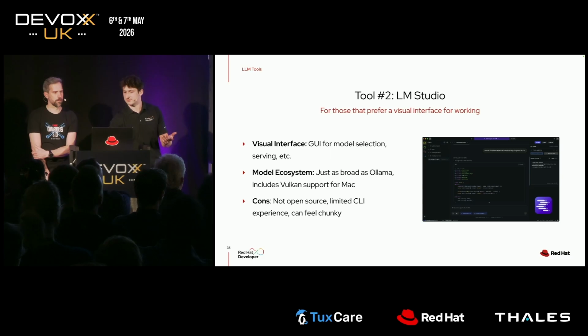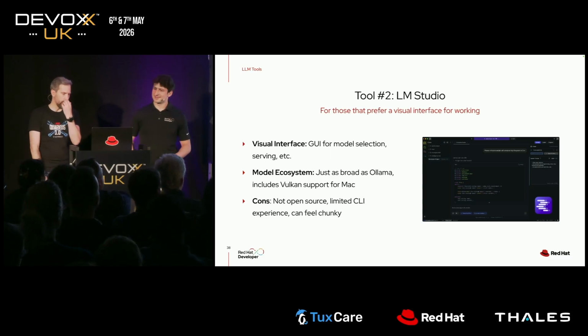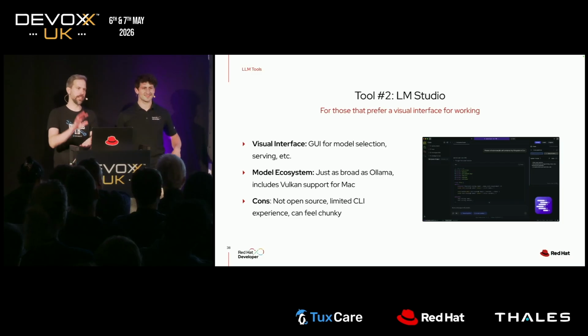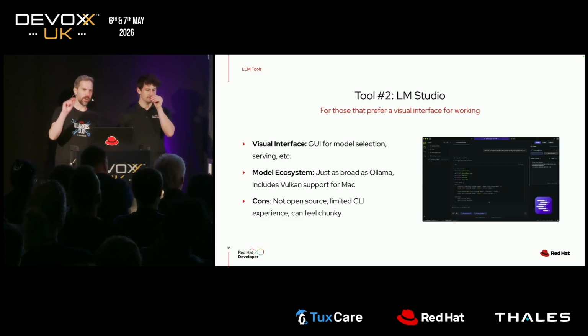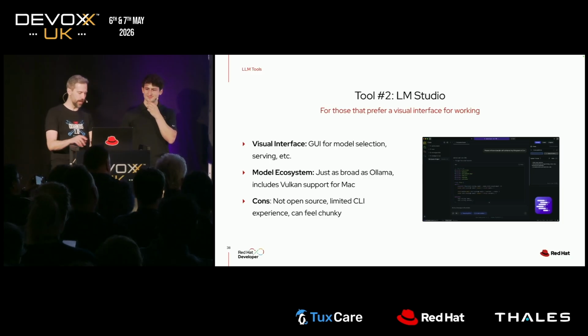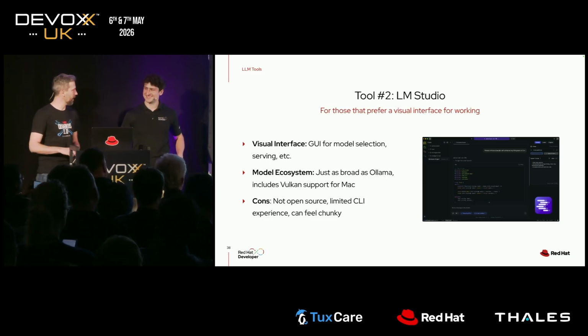So what are other types of tools? One other tool that I use quite often is LM Studio, because it has a nice UI and I can fiddle around with the parameters, settings, and configurations pretty easily without having to go through the help files and figure it out.